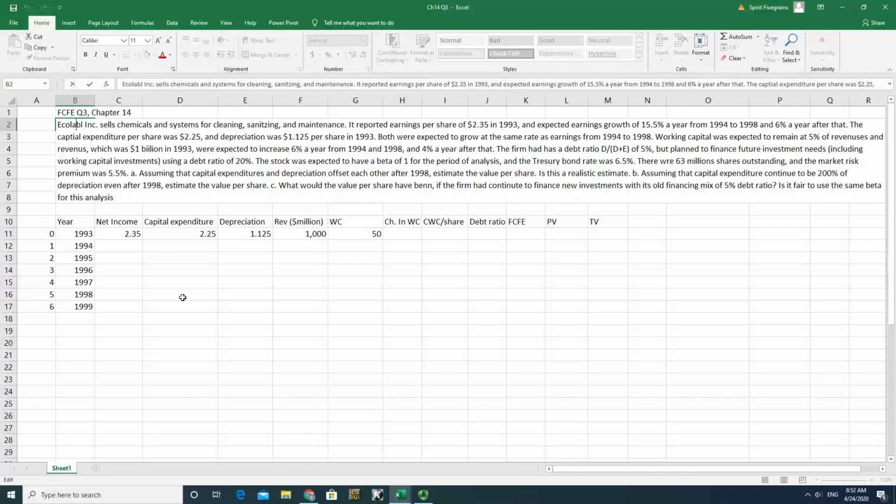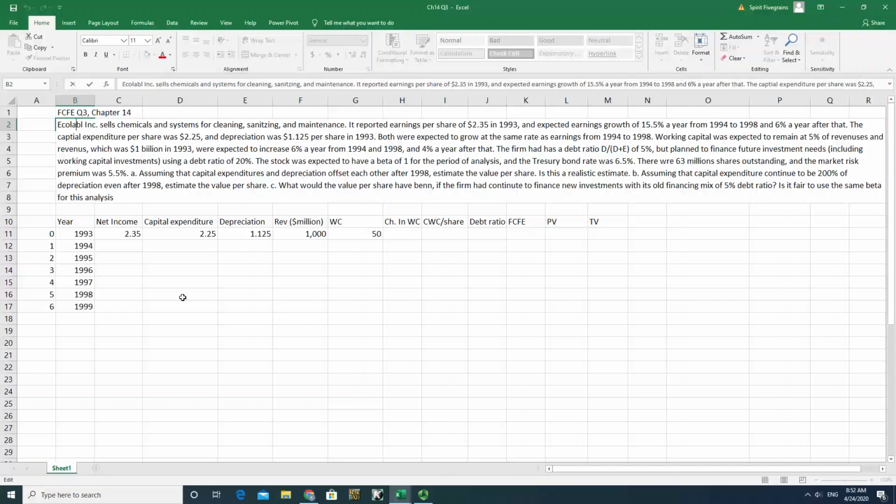Question A, estimate the value of the stock per share based on the information that you get. Okay, this is a very typical problem that you're going to solve in your second exam using financial models such as FCFE, FCFF, or other methods to estimate the price of the share.